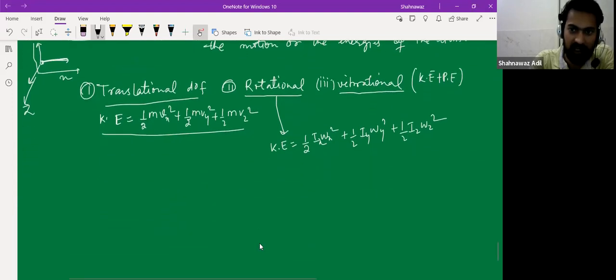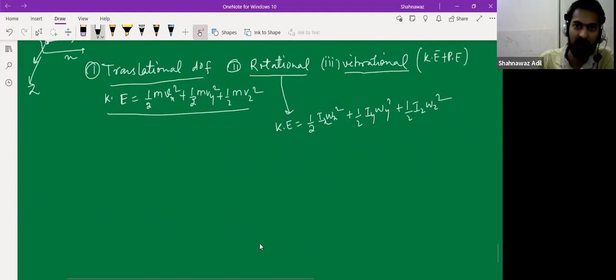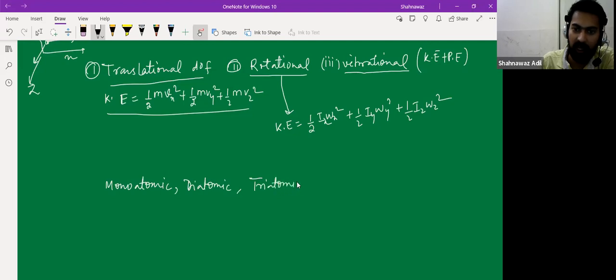Guys, understood? Yes, sir. Okay, so how many types of particles or atoms do we have? We have monoatomic, diatomic, and triatomic. In the triatomic, we have two types: linear and non-linear.